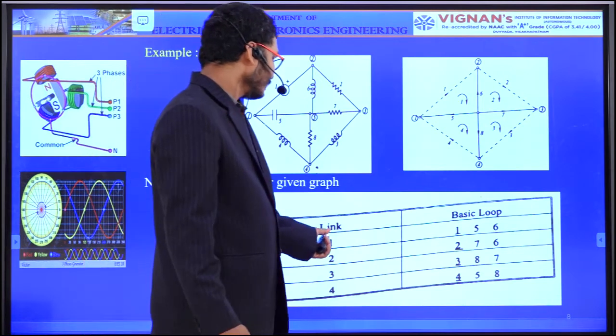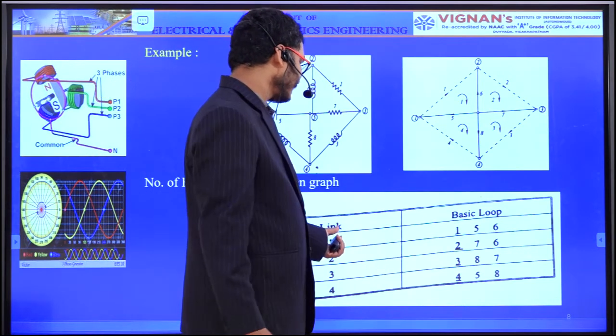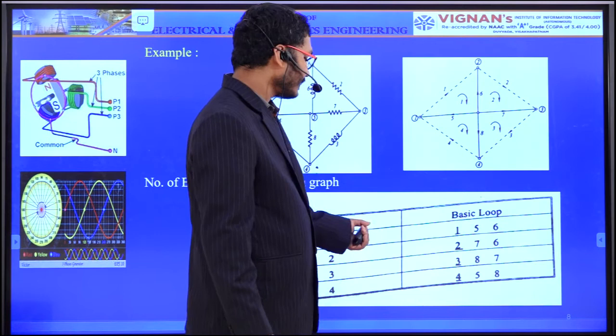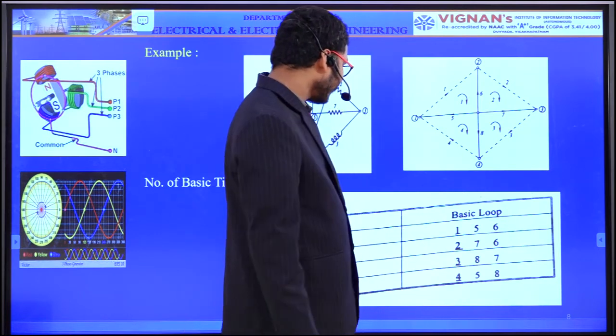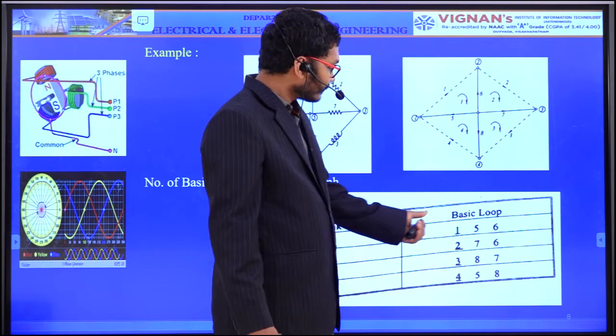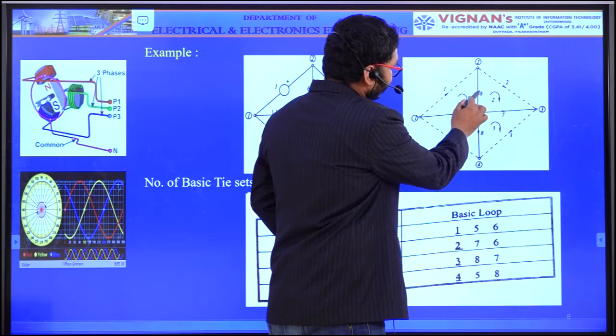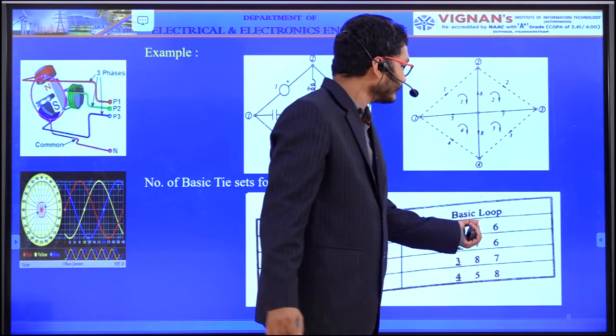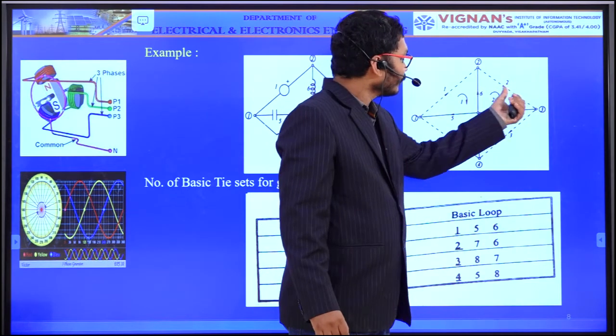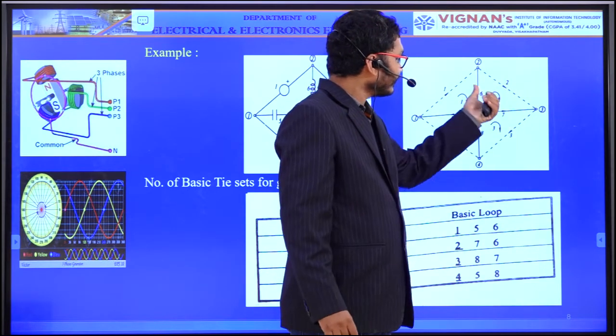Here, these are the tie sets. For tie set 1, or link 1, what are the branches? 1, 5, 6. In the next one, 2, 7, 6.